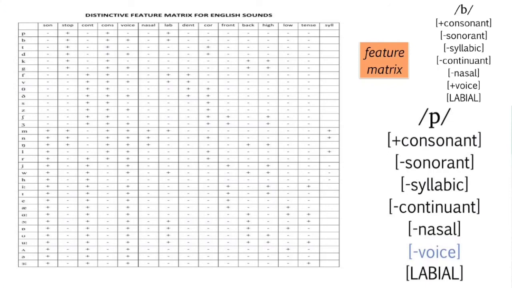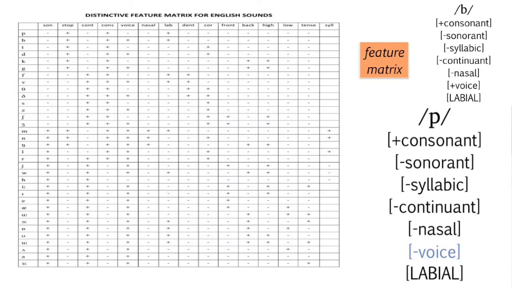Stay tuned for the next explanation of why some features are listed in lowercase and some in uppercase. This whole list of features is called a feature matrix. Take the whole feature matrix and change the value of just one feature.